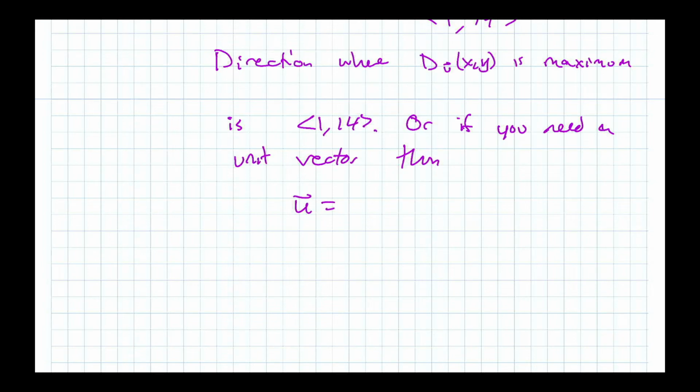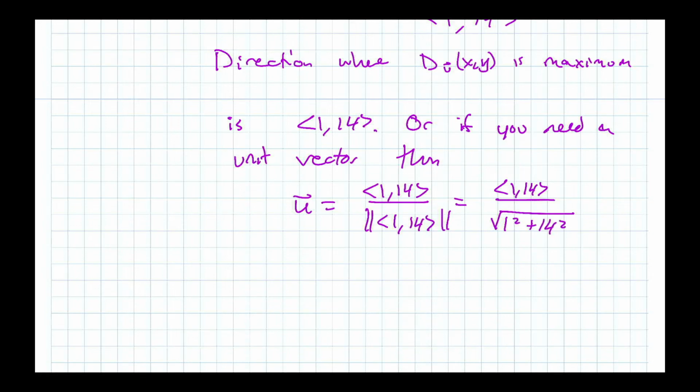Then u could be 1 comma 14 over the magnitude of 1 comma 14, which is 1 comma 14 over the square root of 1 squared plus 14 squared, which I don't know what that is. I feel like I should have a calculator sitting here somewhere. Where is it? Okay, well, I don't, so I will just use a computer.